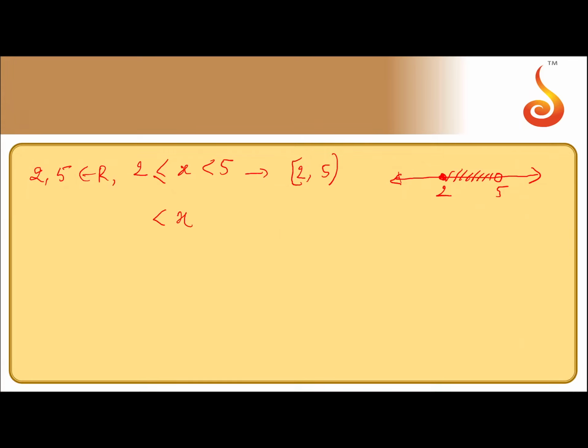Also, if you consider the set of all numbers between 2, 5 excluding 2 including 5, it is denoted by open 2 closed 5, (2, 5], and geometrically it is written on the number line as excluding 2 including 5, taking all the numbers between 2, 5.